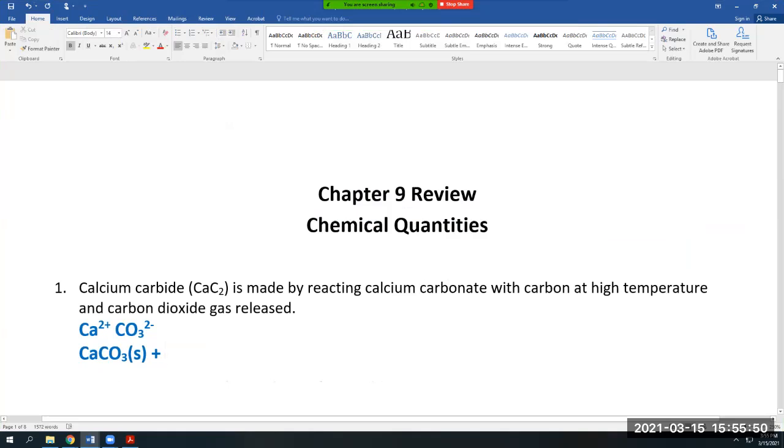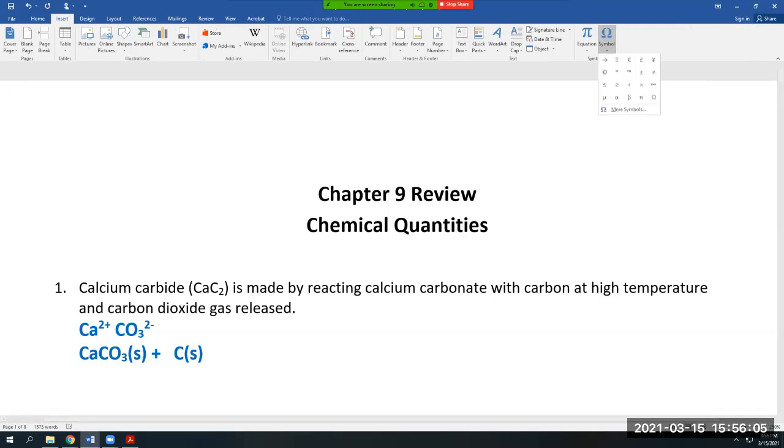So that's the calcium carbonate, and it reacts with carbon at high temperature. And carbon, when it's by itself, is a solid. Think about graphite, or even diamonds, which are only made of carbon. But here it's probably graphite that reacts with calcium carbonate at high temperature.